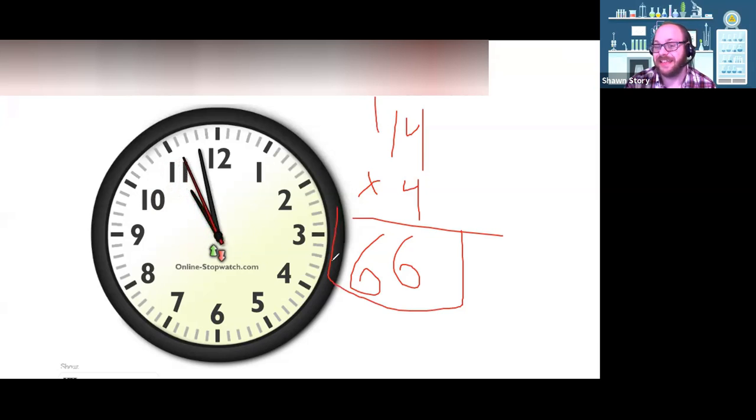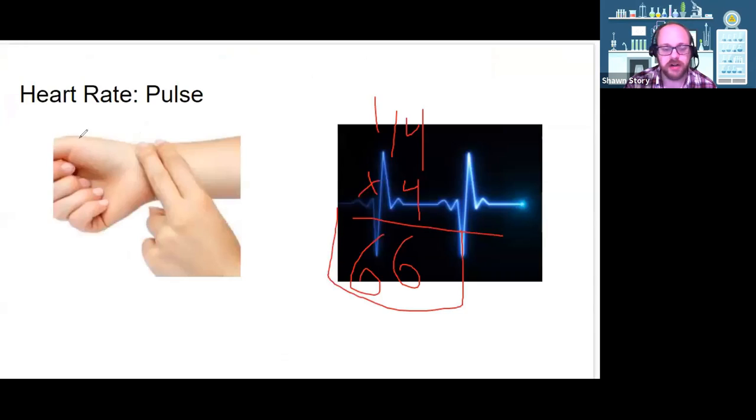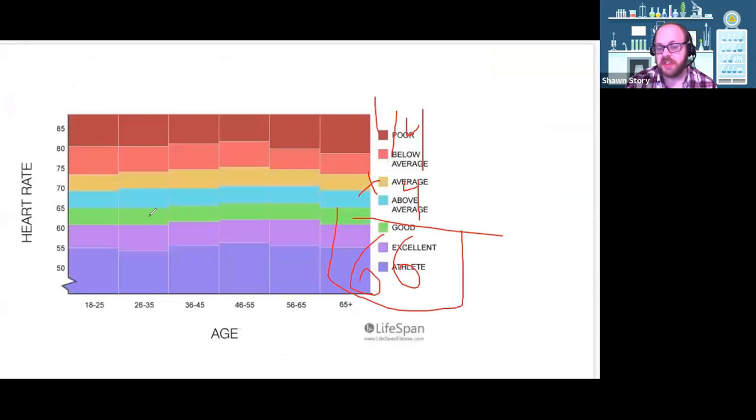So looking at our chart, 66 is in that above average healthy resting heart rate, what we should be at.